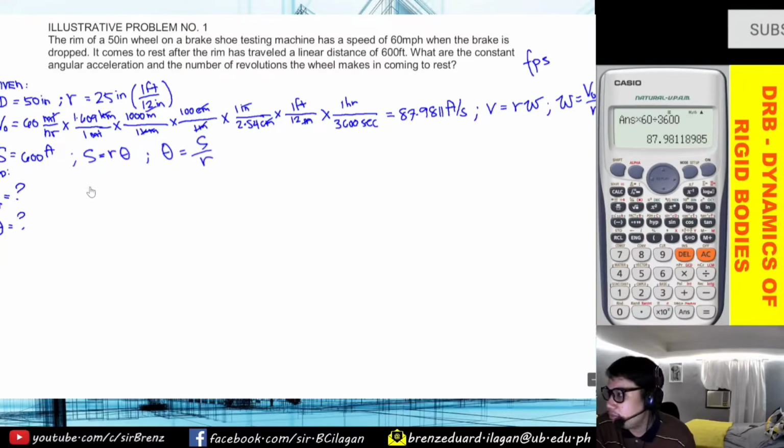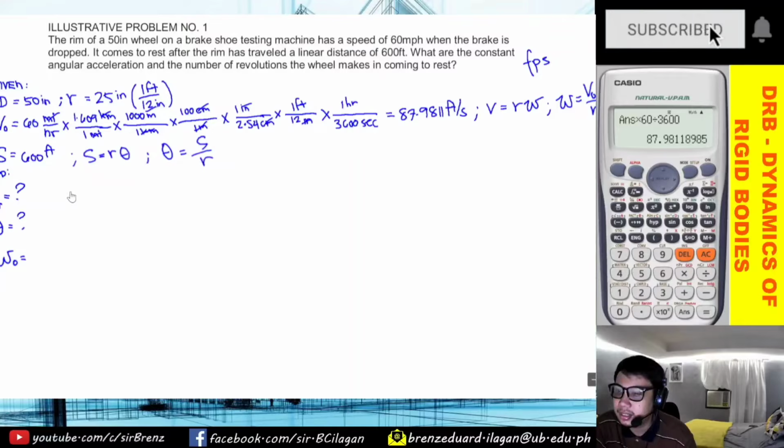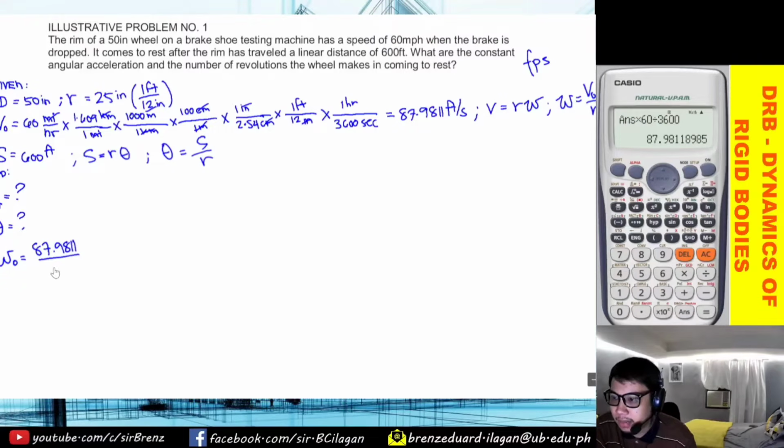Okay? So, what will be the angular velocity? So, yung initial angular velocity natin is 87.9811 divided by 25 over 12.